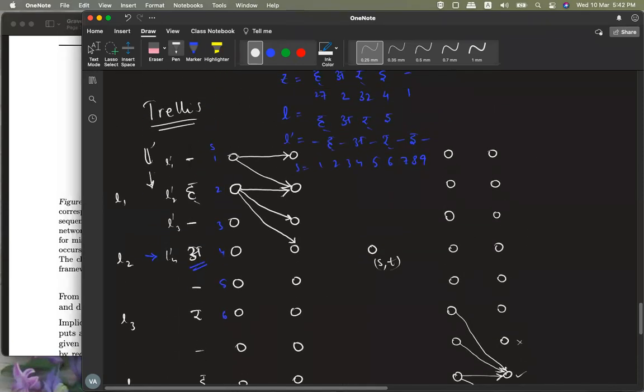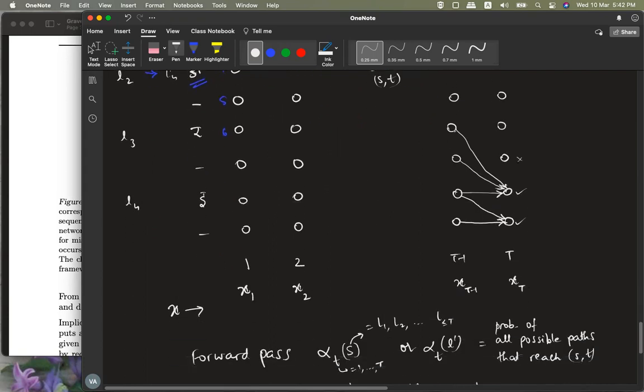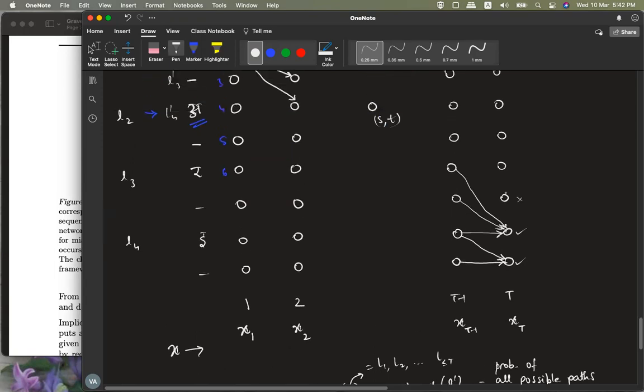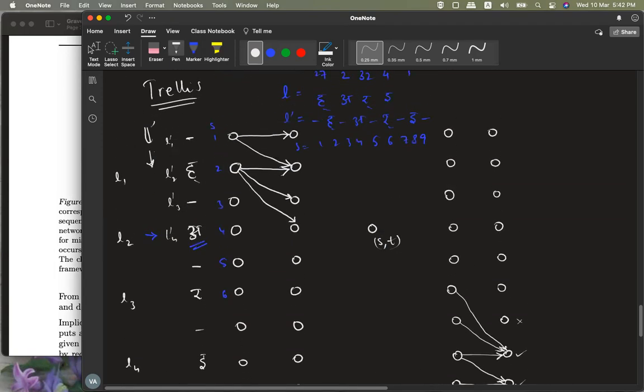I start from here, then I will say, to reach this node, I can reach it in two ways, either from here or from here, because these transitions are restricted, right? I cannot go from this node to this node, right? Because as we discussed last time, we have to have at least one instance of her coming in, at least one instance of r coming in, and at least one instance of e coming in the entire path. And if her has come once, and I come to r, then it cannot go back to her, right?